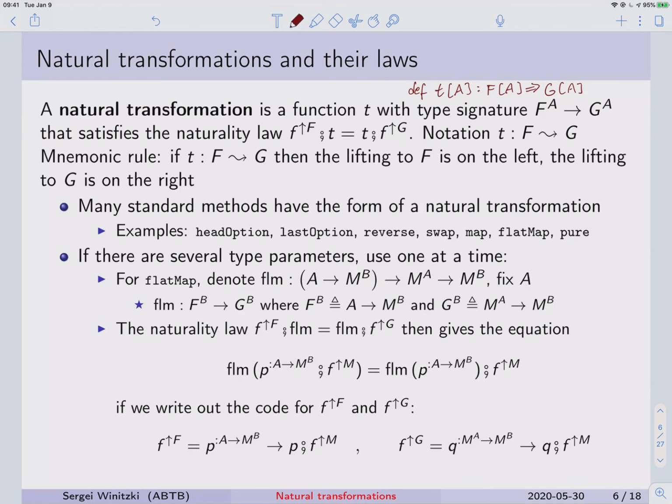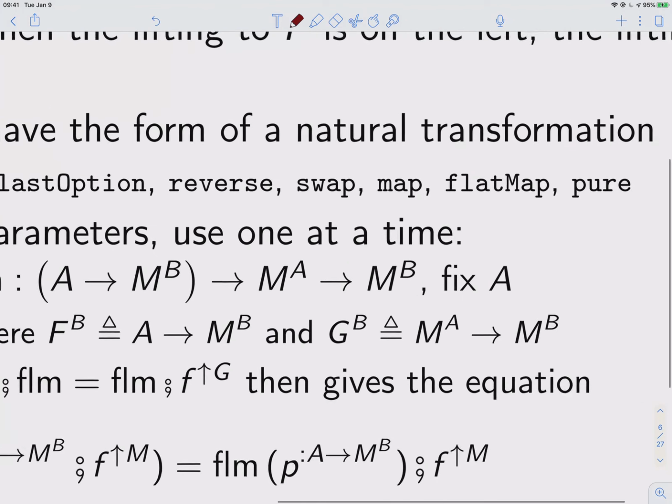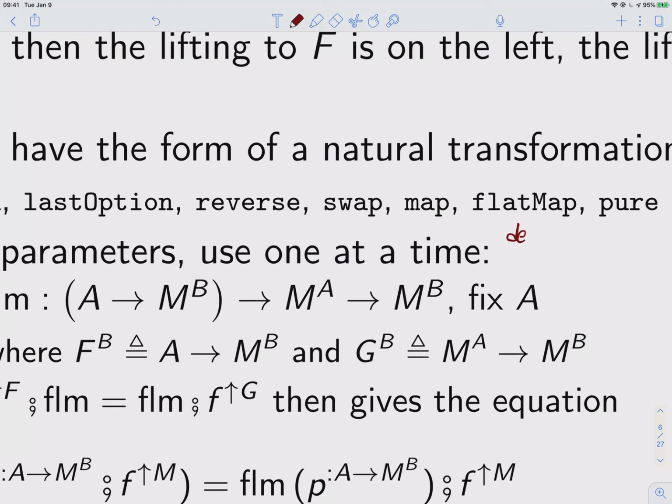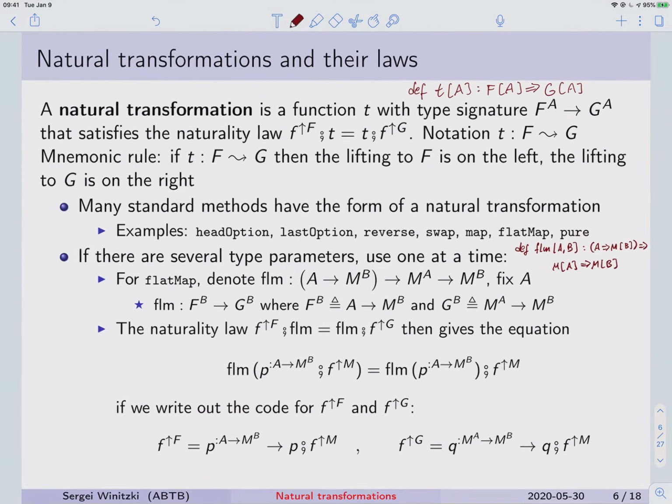So what is FLM? In Scala, this type signature would be def FLM of A, B, and then A to M of B, and then M of A, and then M of B. So if you take this function, you see it has two type parameters.